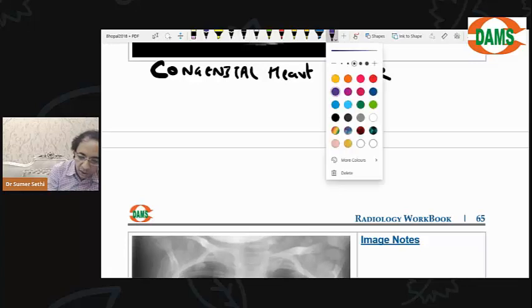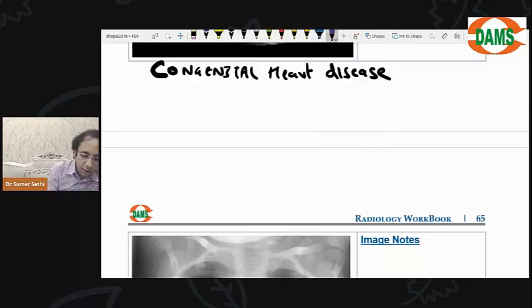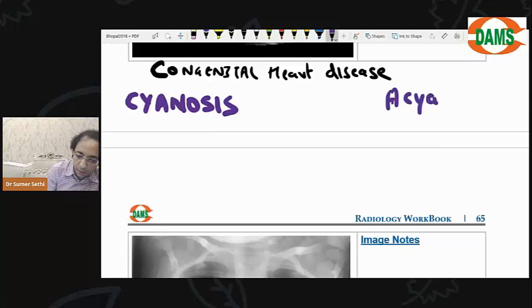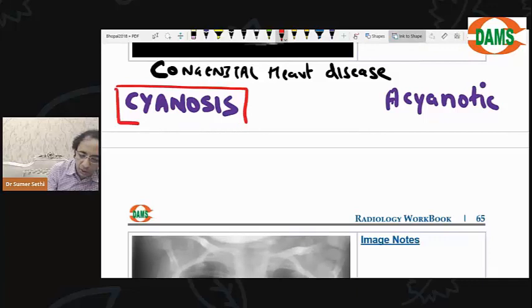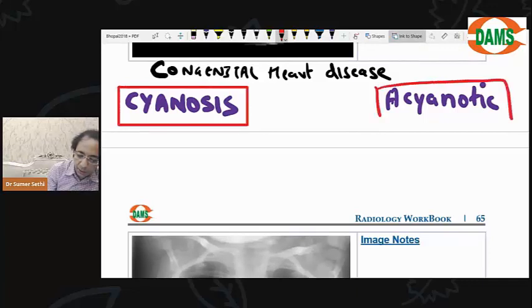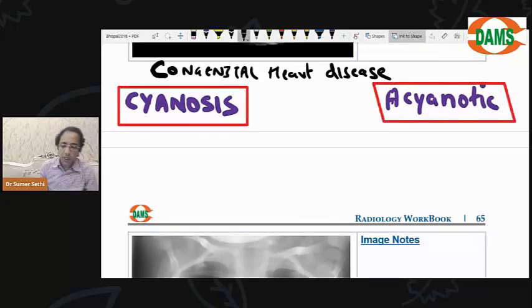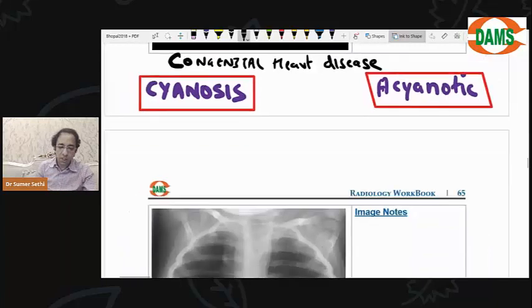So first thing that you need to look at clinically is साइनोसिस है मरीज को कि एसाइनोटिक है. Okay, so in the question also you should look for, don't jump to solve the x-ray without looking at the clinical history. x-ray नहीं बता पाएगा, clinically देखना पड़ेगा कि साइनोसिस है कि नहीं. Because once we know साइनोसिस है या नहीं है, we will be able to narrow down our differential diagnosis.